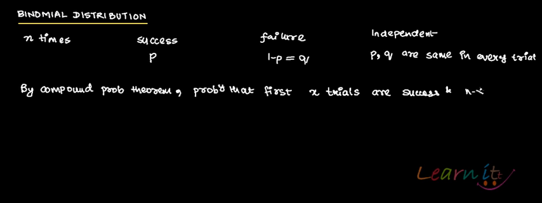N minus X. The experiment is repeated N times. So the first trials are X trials, the remaining trials are N minus X trials. For those N minus X trials, they are failures.